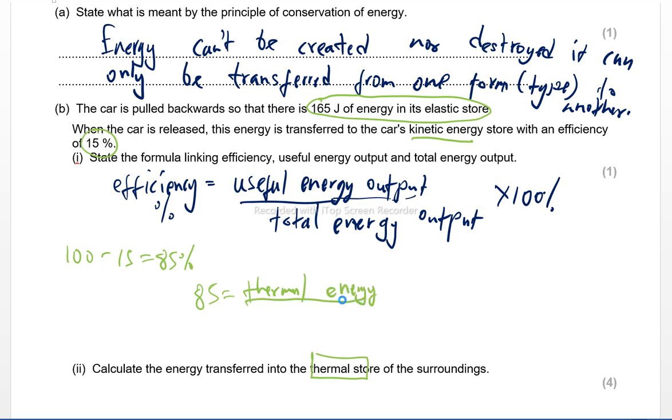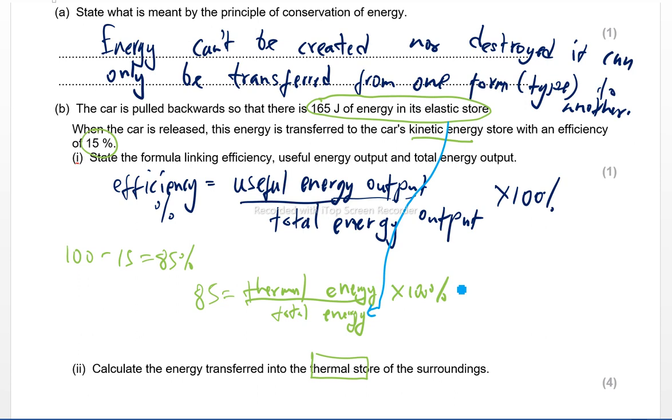divided by total energy into 100%. So we know the total energy in this question, right? The total energy is there as elastic potential energy. When they started the question, they had already said that. So can you see? We know the total energy.